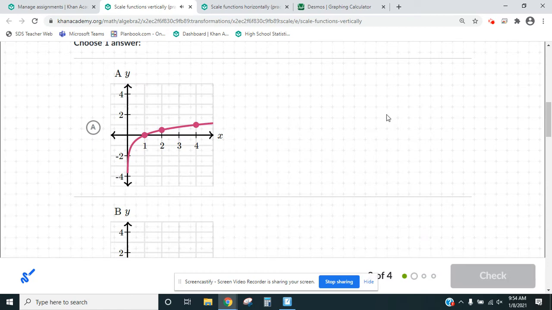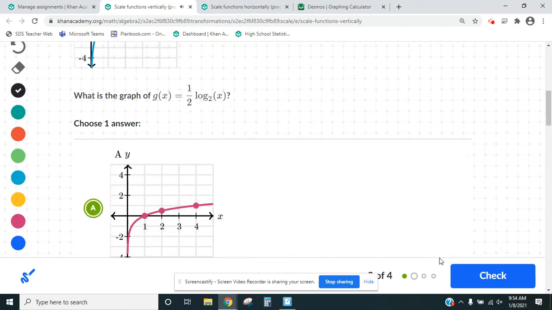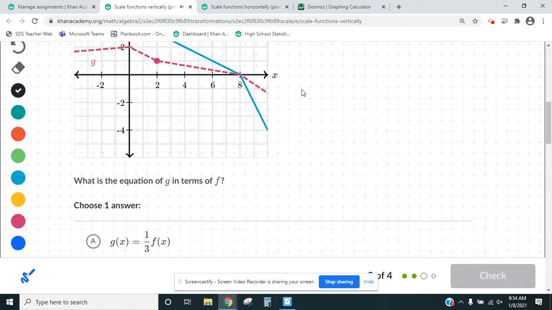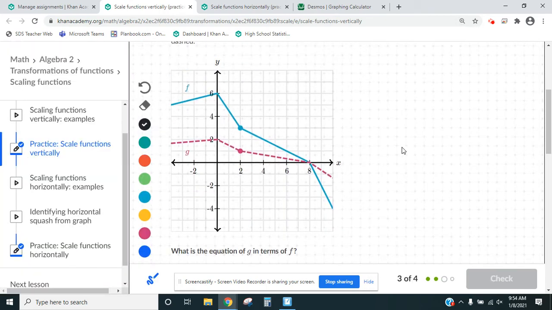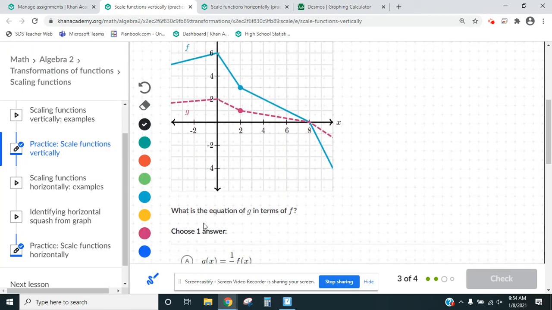Let's do another one. A different one than this. Oh, hey, there you go. Let's try this one. It says, what is the equation of G in terms of F?